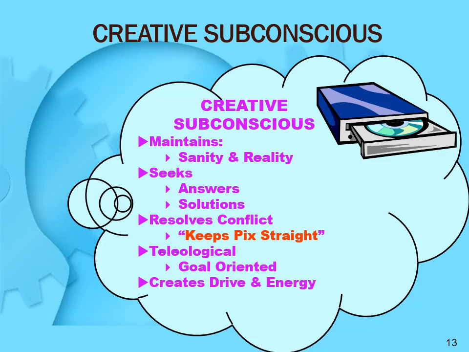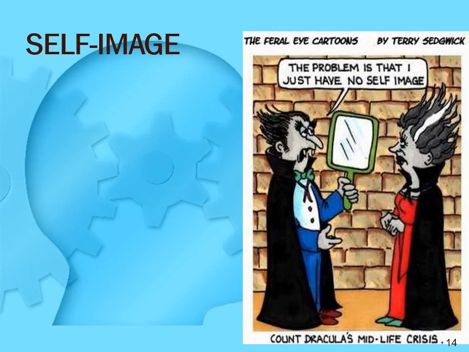But what are the pictures that it keeps straight? Well, when we're talking about behavior and change and our mind and brain working together in the process of thought, we're talking about self-images, okay? And a self-image is exactly that.